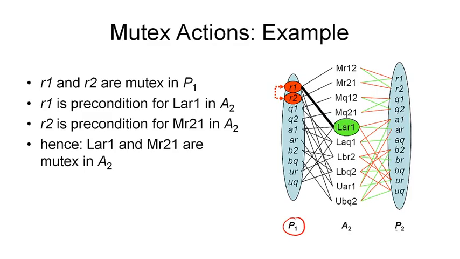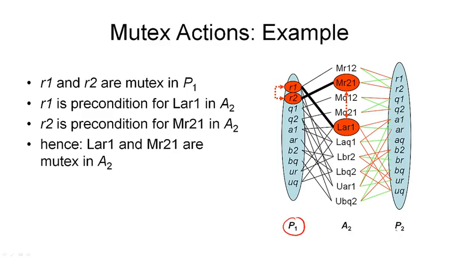And the proposition R2 is a precondition for MR21 in the same action layer. It should be clear to you that if these two propositions that are preconditions for these two actions are mutually exclusive, so they cannot be true in this proposition layer together, then the two actions cannot occur in the following action layer. So these two actions must be mutually exclusive here.